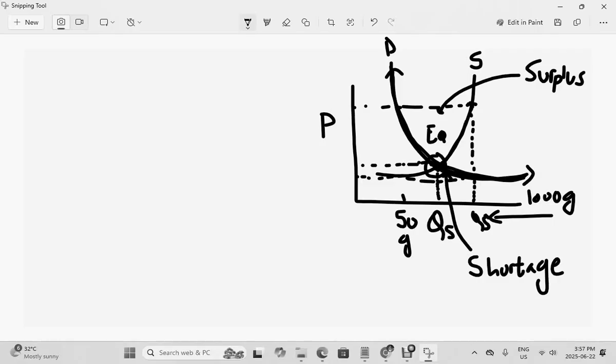So again, it goes back to equilibrium and everything is okay. This is basically how the law of supply works, and how surplus and shortage work.